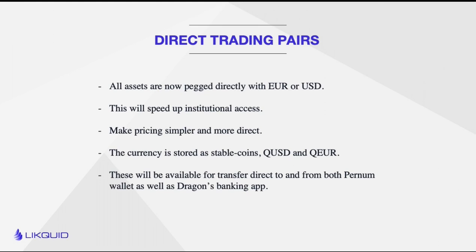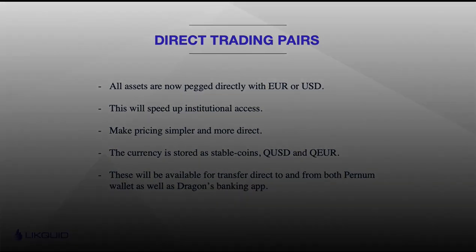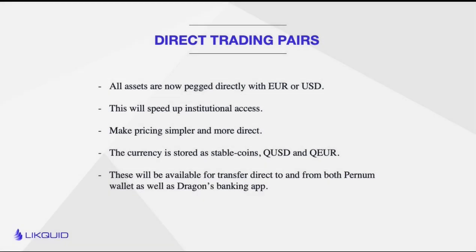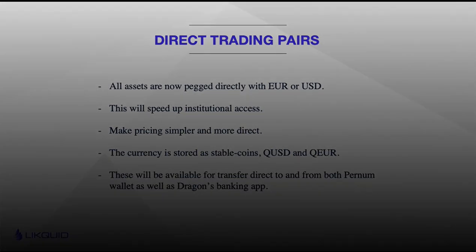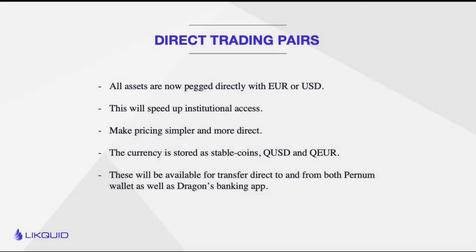And the currency is stored as stable coins, EQUSD and EQ Euro. It's missing a character there, which will be available for direct transfer in and out of Paradigm Wallet as well as Dragon Banking app. So this is going to speed up the cash management side of the stock exchange and the token exchange.